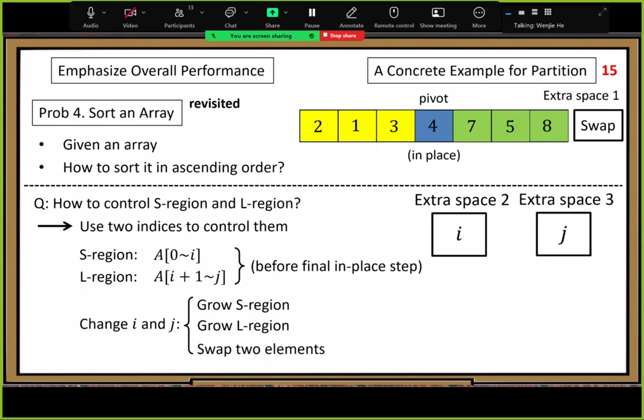When you do a swap operation, you need to modify I and J as well. So those are the implementation details.